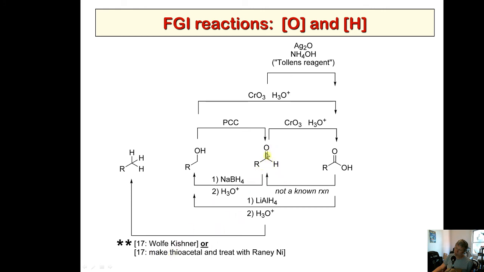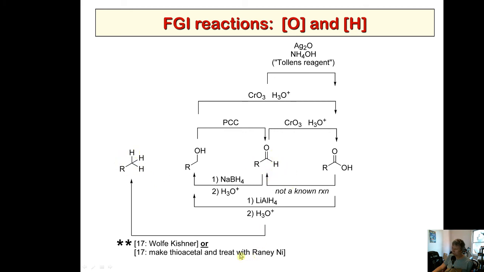You make a hydrazone. Hydrazine, NH2NH2, attacks, and you make the hydrazone intermediate, and then it falls apart, and you make the alkane. So this completely wipes away a ketone or aldehyde.